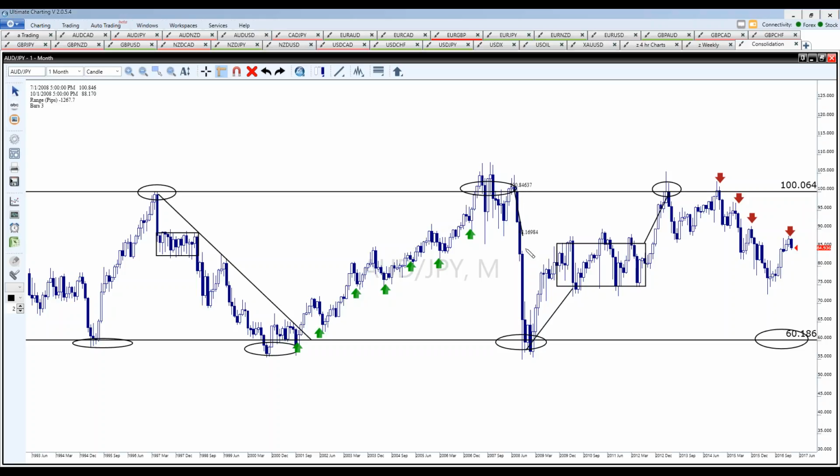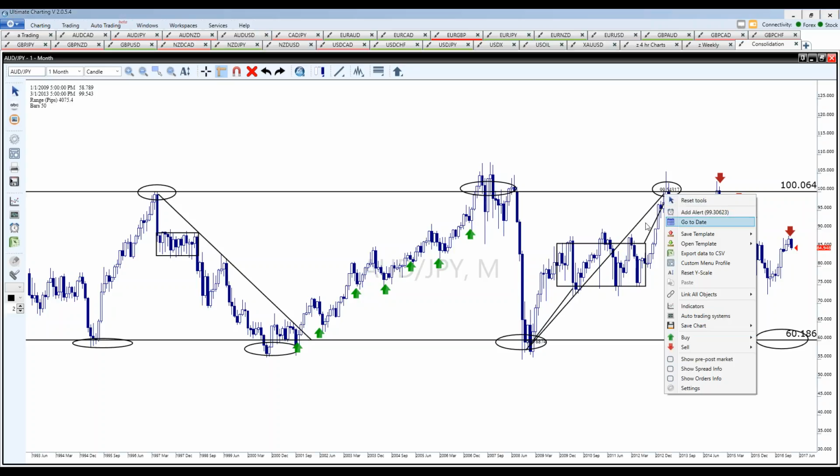But then we had an aggressive drop, and in 1, 2, 3, 4 months it hit support. And then moving back up again, it took 50 months.